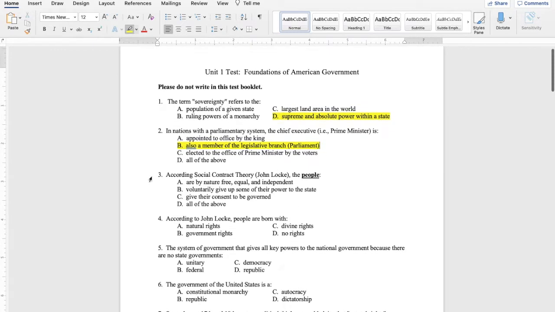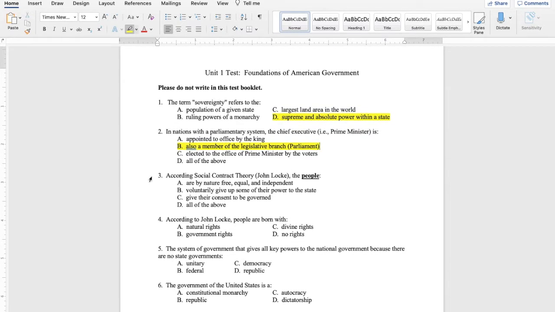Number 3, according to social contract theory, John Locke, he's the one who we think about with social contract theory, the people are D, all of the above. They are by nature free, equal, independent, voluntarily give up some of their power to the state, and give their consent to be governed. So the correct answer is D.